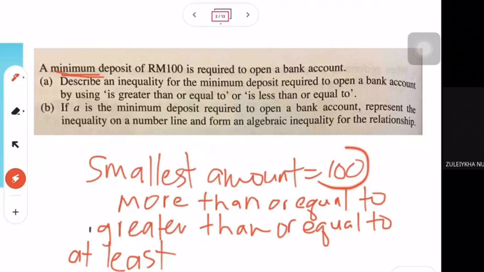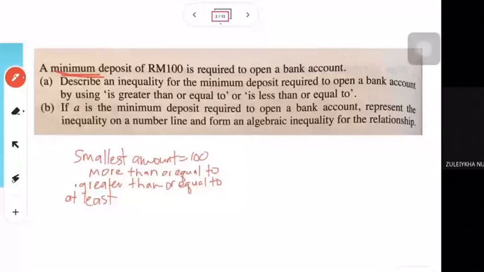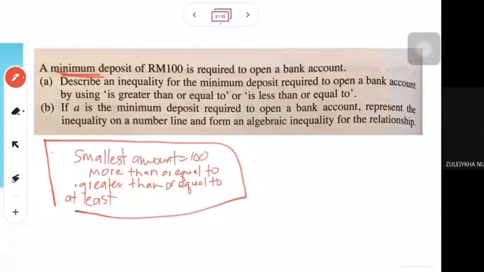So in this case, for case A, how do we write it? So kita gunakan simbol. Let's say X lah, ya. Ada tak dia bagi simbol? Tak ada kan? So kita buat sendirilah. So X is more than or equal to RM 100.